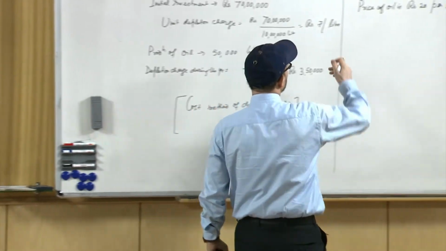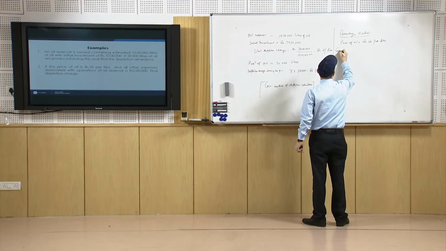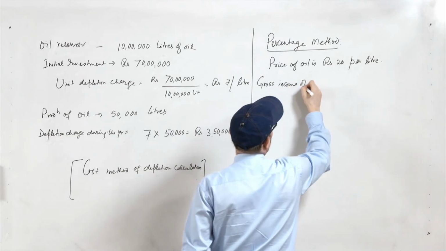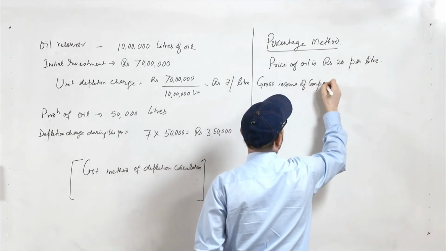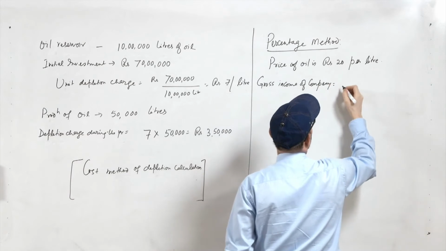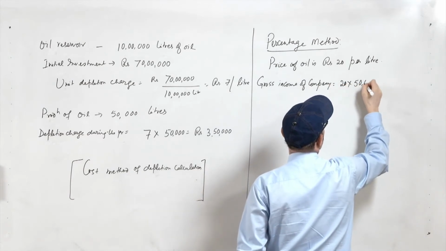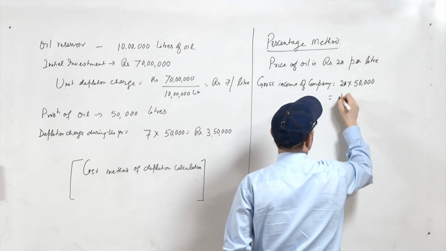So, that is the gross income of the company. So, gross income of the company will be 20 times 50,000, that is rupees 10 lakhs.